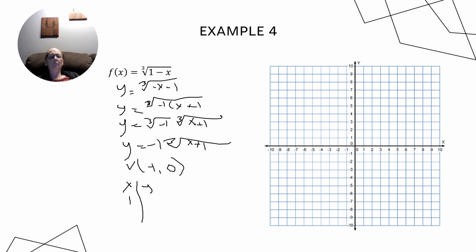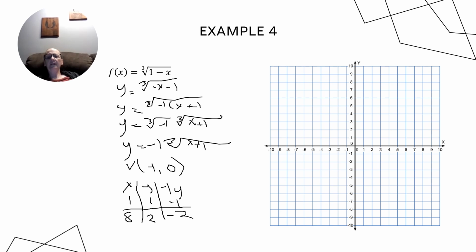So I have 1, the cube root of 1 is 1, and then times -1 gives us -1. Again, the next perfect cube is 8. So that would be 8. 2, the cube root of 8 is 2, and then times -1 is -2.